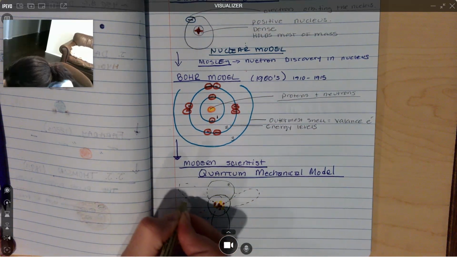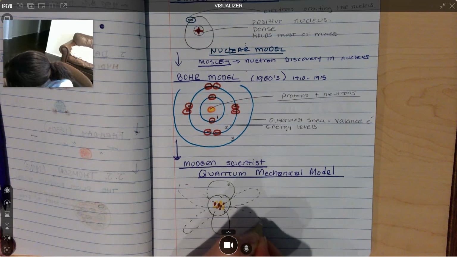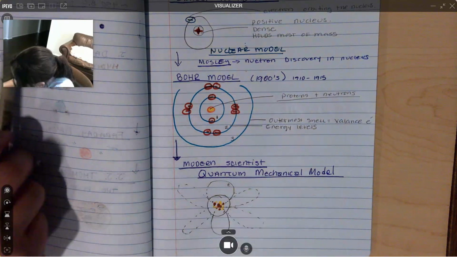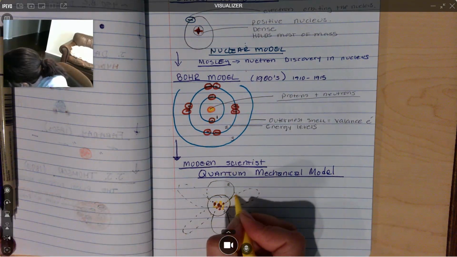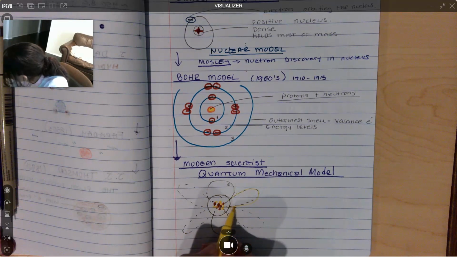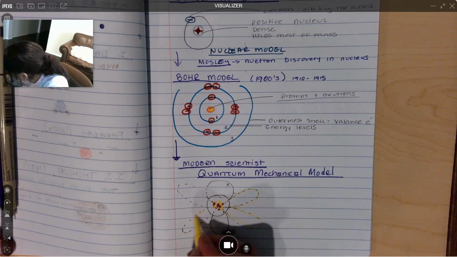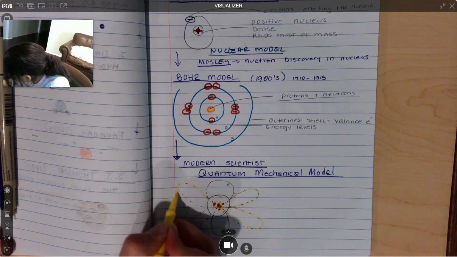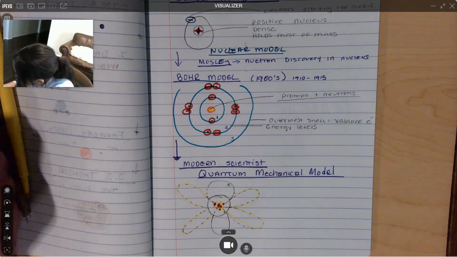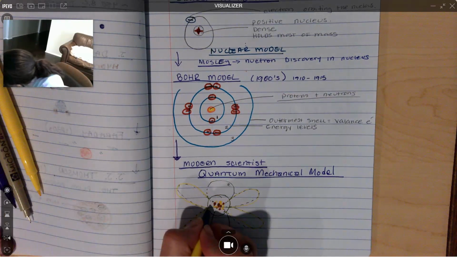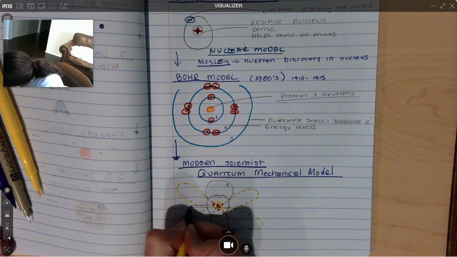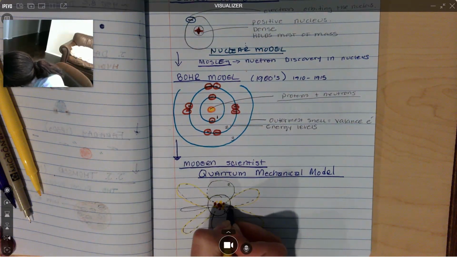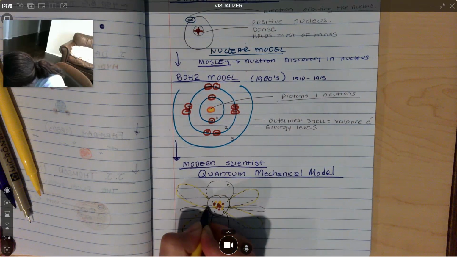And they're going to come out. I'm just going to put these ones in this color so you could see this better. Okay. And some of these actually have another little flat pancake lobe going out like this.